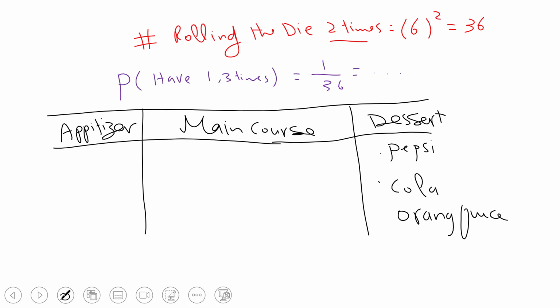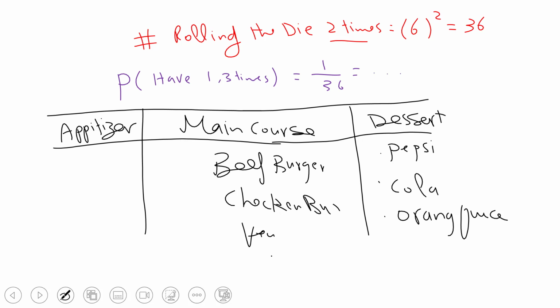So you have 3 options here. In the main course, you have beef burger, chicken burger, and veg burger. So how many options here? 3. In the appetizer, you have only salad and onion ring.